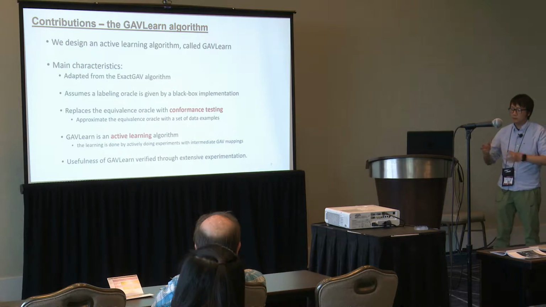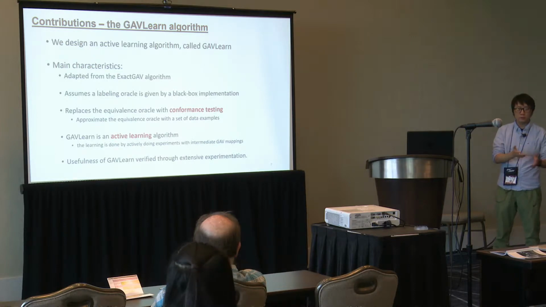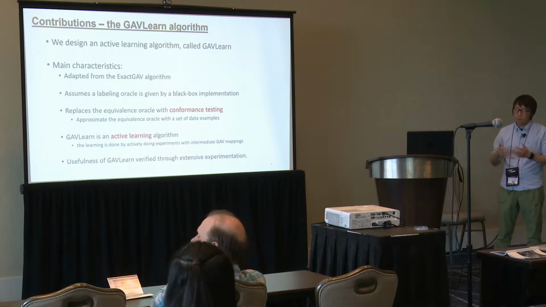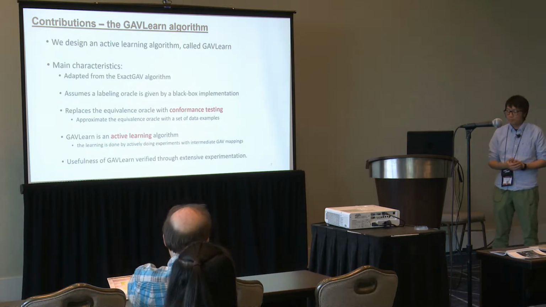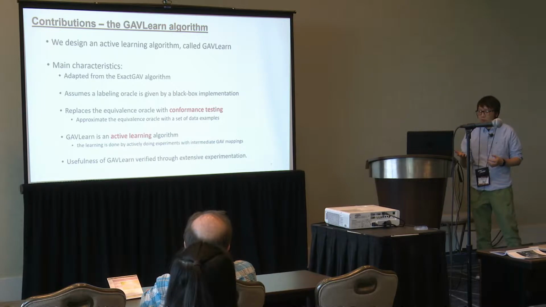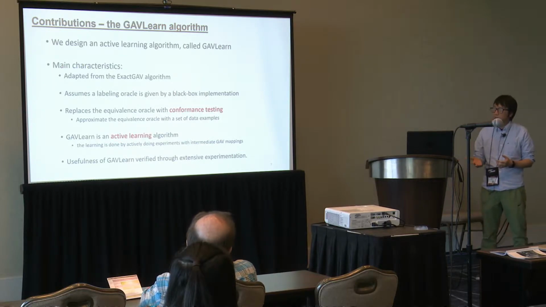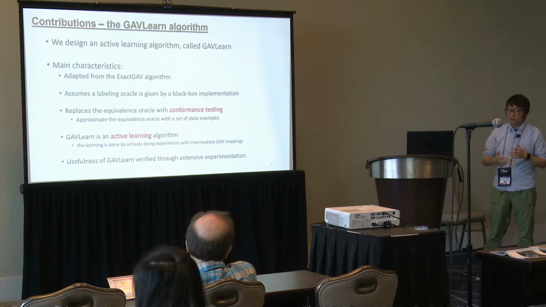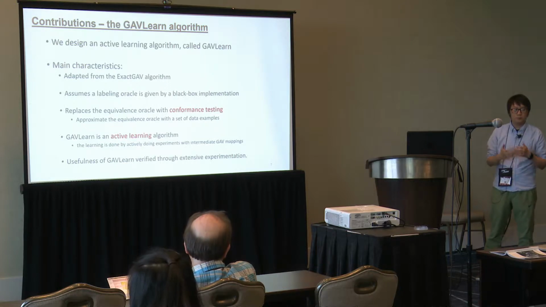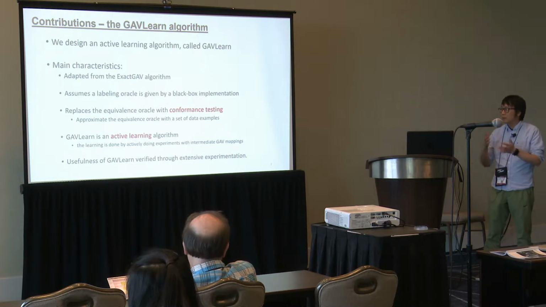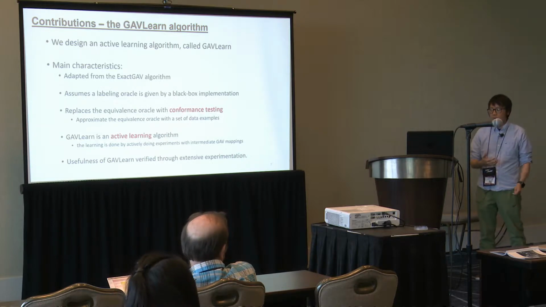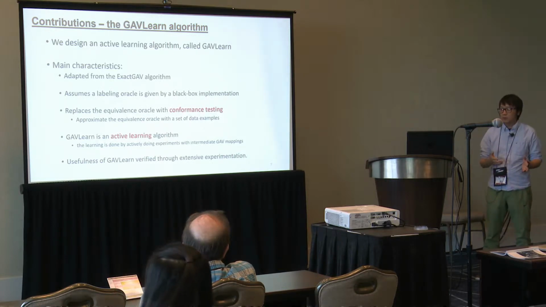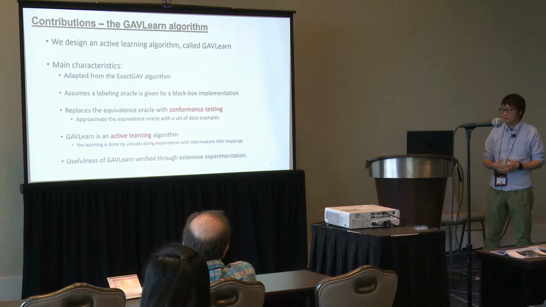Basically, instead of answering the equivalence queries exactly, we use a set of universal examples to approximately answer the question. Also, GAVLearn is an active learning algorithm in the sense that the learning is done by actively doing experiments with the black box and the intermediate GAV schema mappings. And finally, we verify the usefulness of GAVLearn through extensive experimentation.